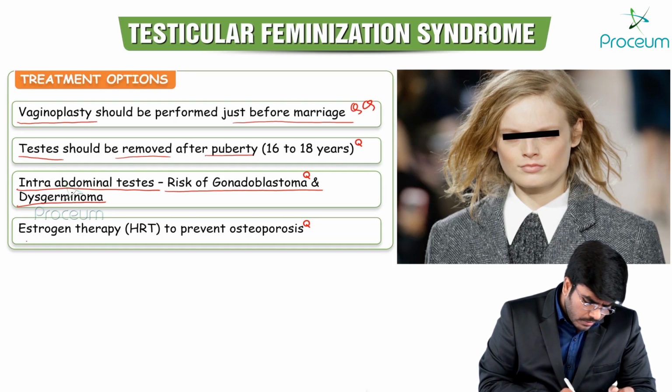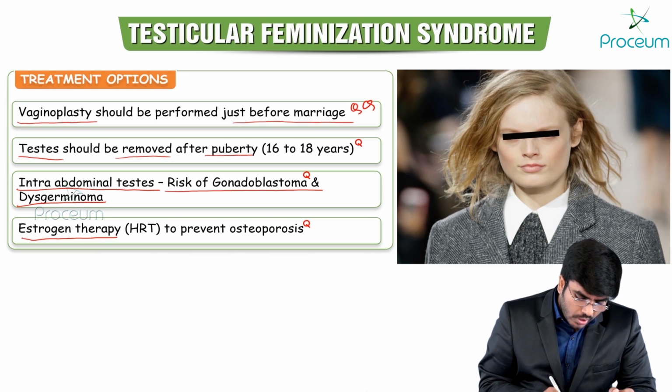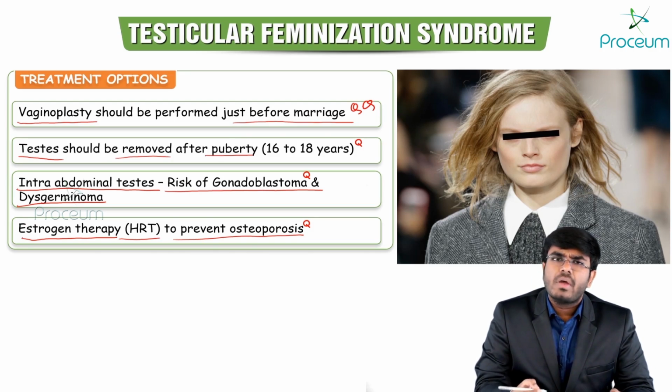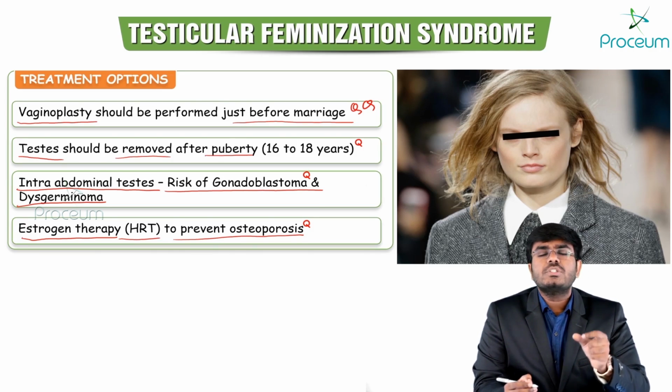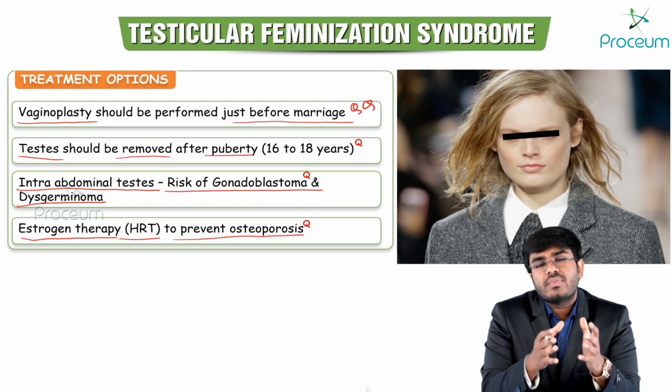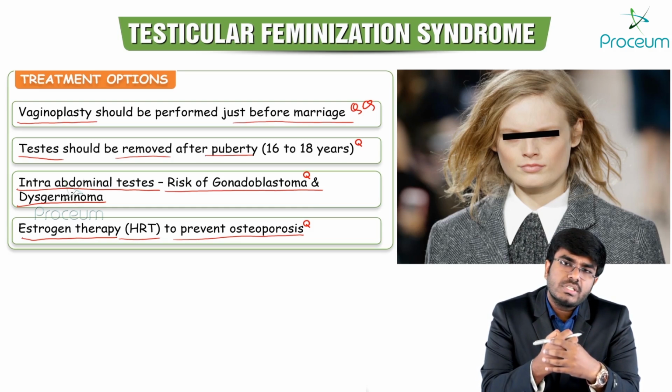Okay. Now, see, these females should be kept on hormone replacement therapy to prevent osteoporosis. Why? Because you have taken out this intra-abdominal testis. Now you have removed the source of the estrogens.